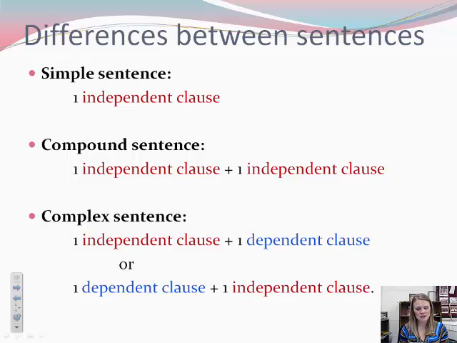And then the complex sentence, which is our new one, is one independent clause plus at least one dependent clause. And the dependent clauses can go anywhere in the sentence or the formula, but the punctuation for those clauses varies depending on where you put them in the sentence. Think about the four punctuation rules that we just reviewed.